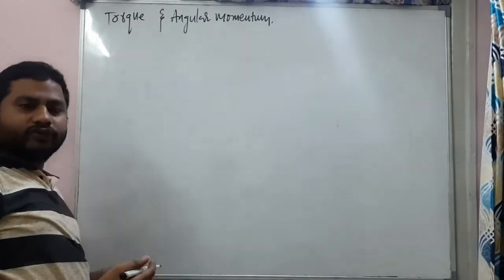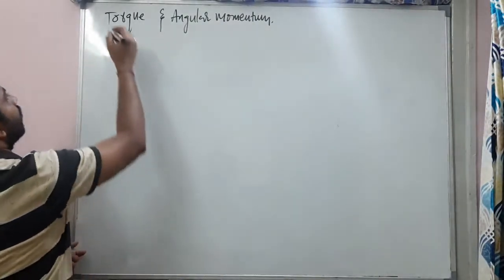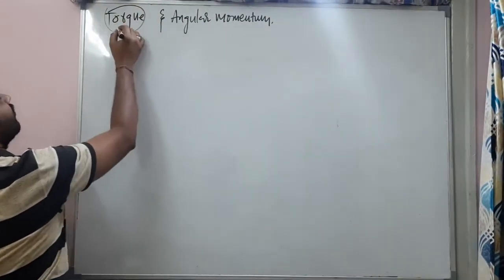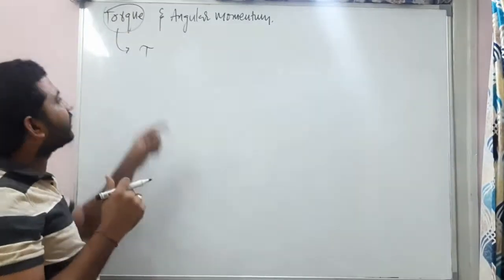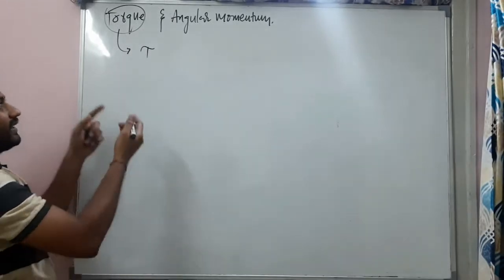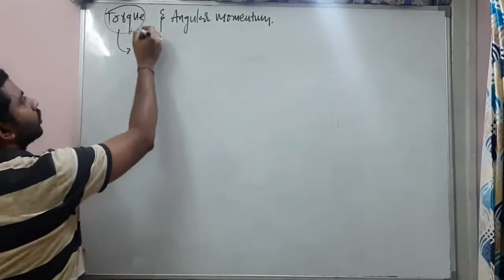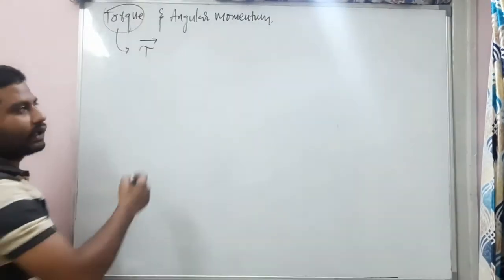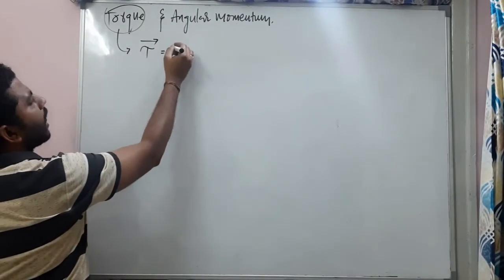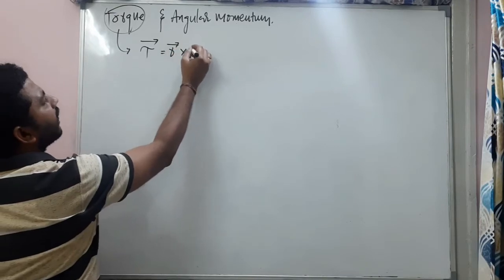Before we move to the topic, torque is denoted with a symbol called tau. It is similar to the T mark. Tau is a Greek letter. Torque is a vector quantity. It can be written as tau bar, which is equal to r bar cross F bar.